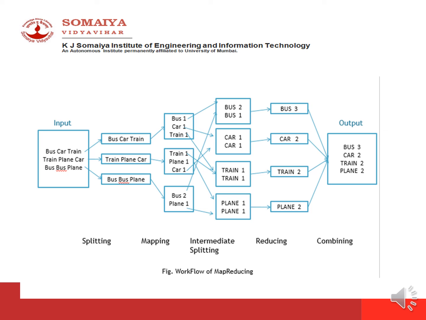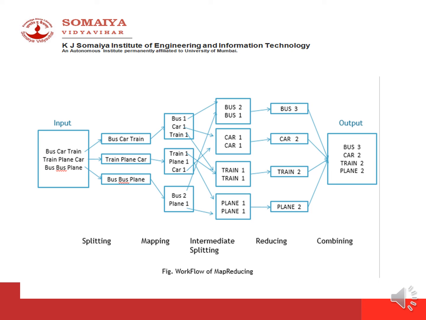Initially in the input document we have several words. A few of the words occur more than once. So our intention is to count the number of occurrences for each word.